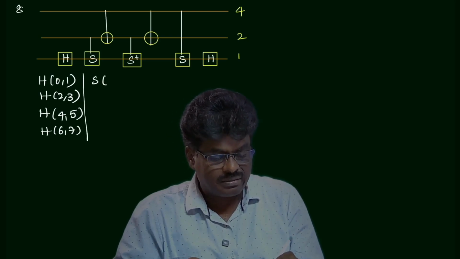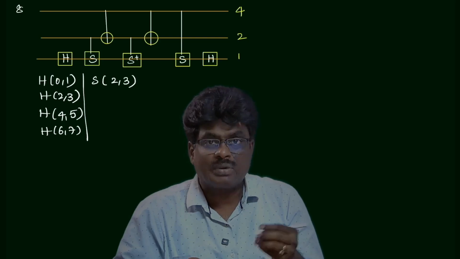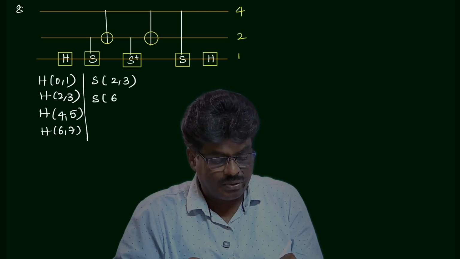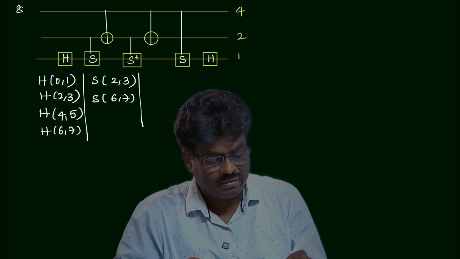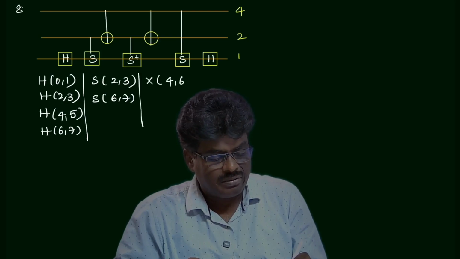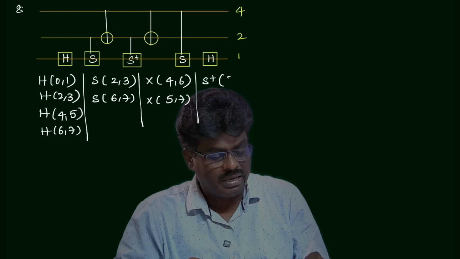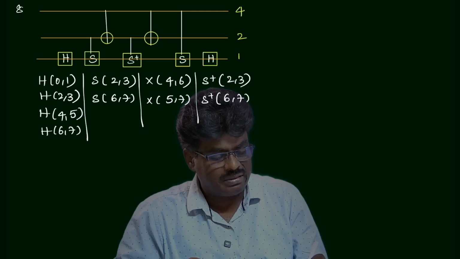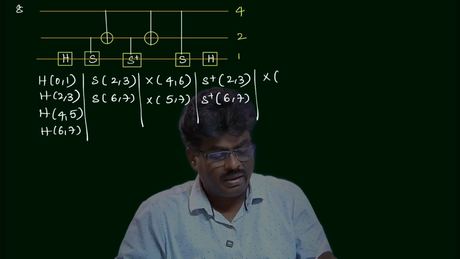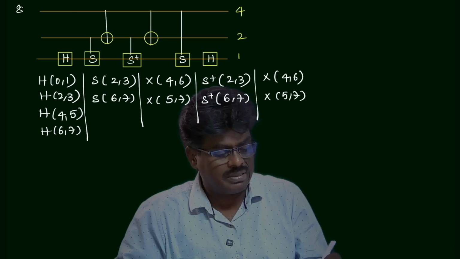Next S, that is 2 to 1, that's why 2 comma 3. Add 4, 6 comma 7. X, 4 comma 6, 5 comma 7. S dagger 2 comma 3, S dagger 6 comma 7. X 4 comma 6, again 5 comma 7.